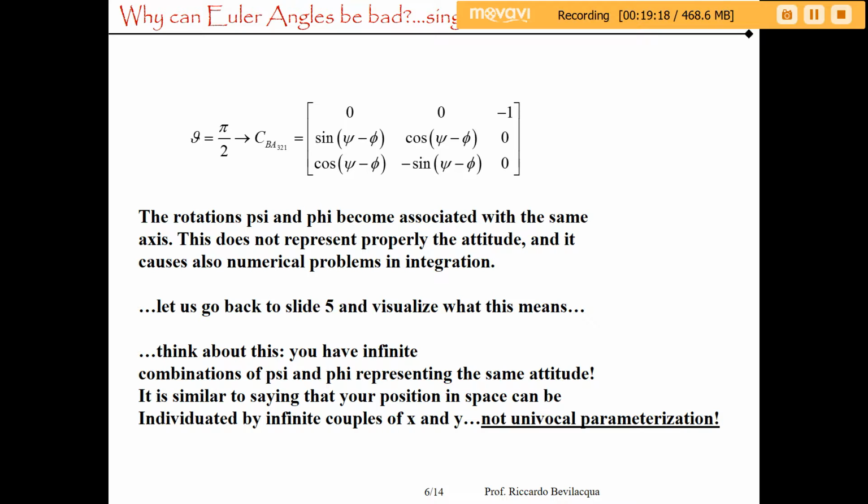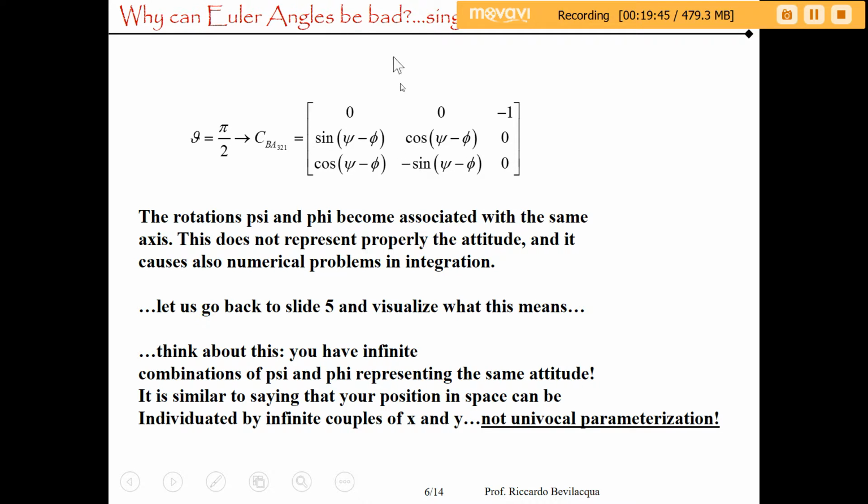The example I always give is like saying that your particle is in 3-dimensional Euclidean space, and its position can be represented by 3 values x, y, z. There are 3, 1, 3, but also 4, 2, 5. That is not a good thing to do. You want a rule that works just in one way, with a one-to-one association between the actual configuration of the system and the variables you use.